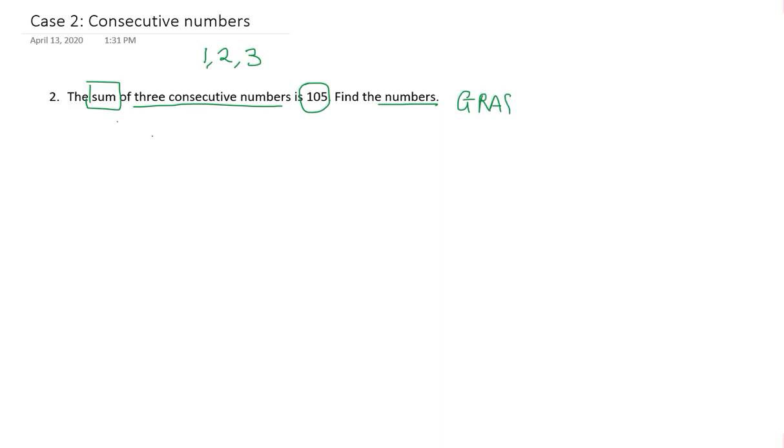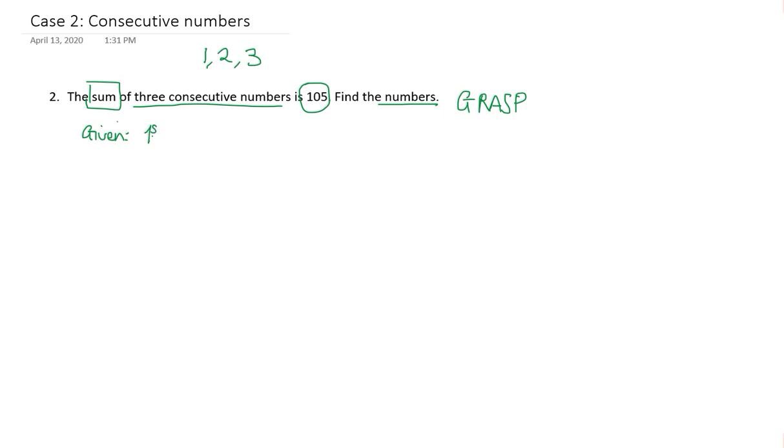GRASP: G is the given, R is required, A is analysis, S is solve, and P is paraphrase. So let's start first with the givens, looking at the question. Now you might notice that the question doesn't give you too much, but the specific words actually tell you a lot about a question. So look at the givens.